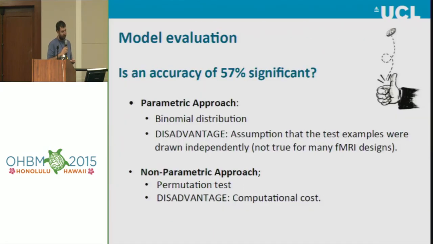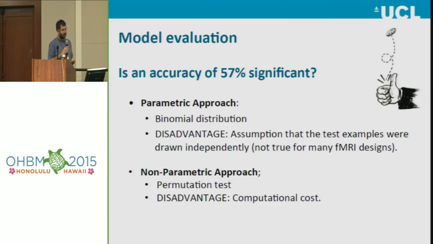Another point that's very important is that, okay, this gives us an accuracy, but how good is it? If you're classifying between two different groups and you've got an accuracy of 57%, well, it's better than 50%, so it's got to be significant, right? But of course, we can't really just rely on our intuition to establish how significant that would be.